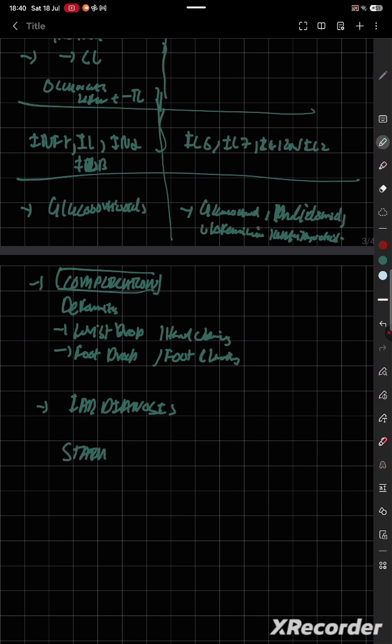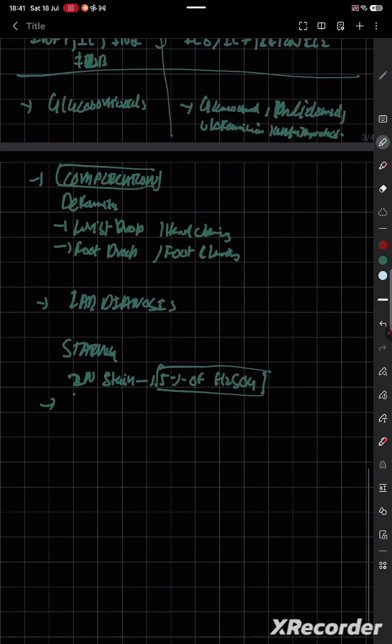For staining, we use Ziehl-Neelsen stain with 5% H2SO4. In the stain you will see colonies, pink in color, with a club shape pattern.